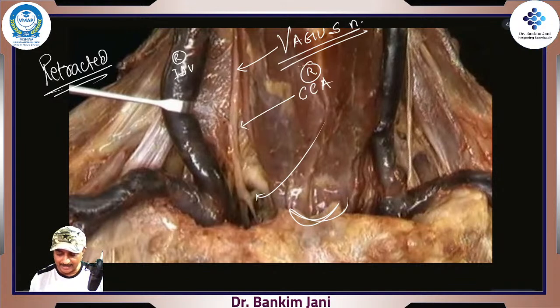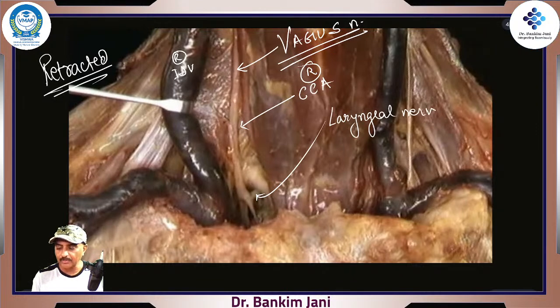So behind it there will be the larynx. Anything which is going to the larynx we call a laryngeal nerve. But over here, this nerve will go beneath and then go up.